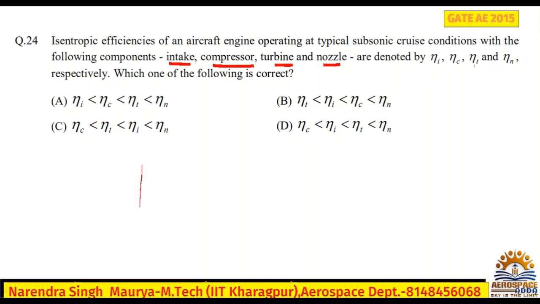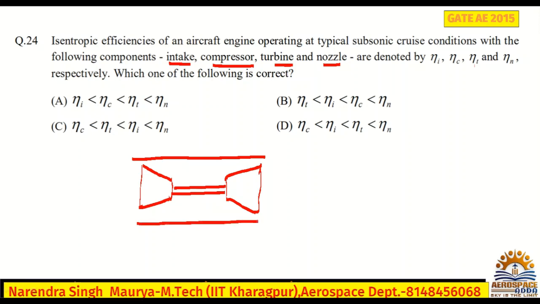So, check. This is what we call the gas generator. This is A, this is 1, this is 2, this is 3, 4, and exit.